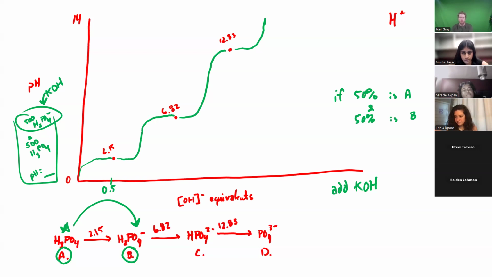The answer is on the screen. It's 2.15. So this 0.5 is where I have half of them that look like A and half of them that look like B.